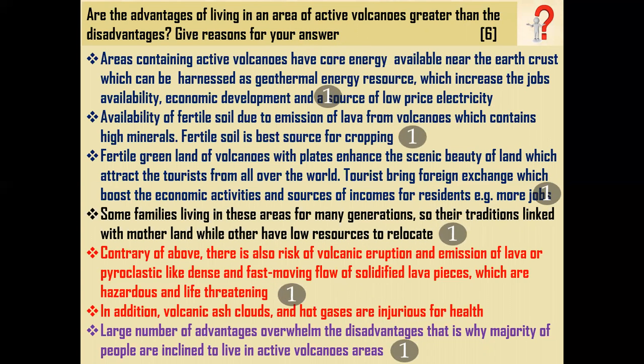If you design your argument on the advantages, there will be, for example, 1 mark for each advantage: number 1, the source of geothermal energy; number 2, the source of fertile soil; number 3, the scenic beauty which attracts tourists; number 4, the peripheral argument; number 5, a relevant disadvantages point; and number 6, the relevant conclusion.